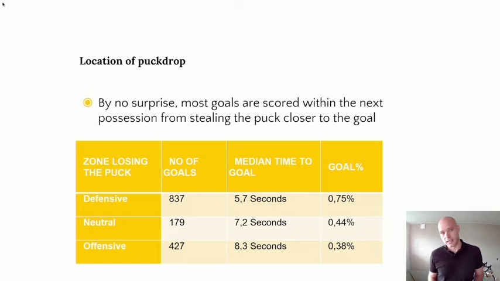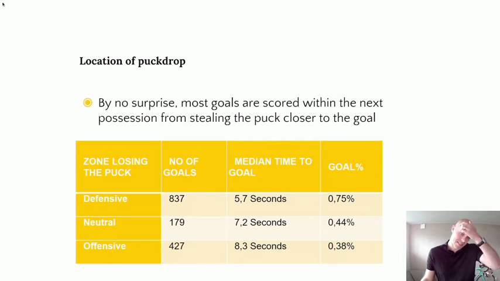If we dig into the location of the puck drop by zone, it's no surprise that the closer you are to your own goal when losing the puck, the more goals against we get. You can see here the turnover rate for goals is 0.75% when you lose the puck in your own zone. If you lose it in the offensive zone, it's 0.4.